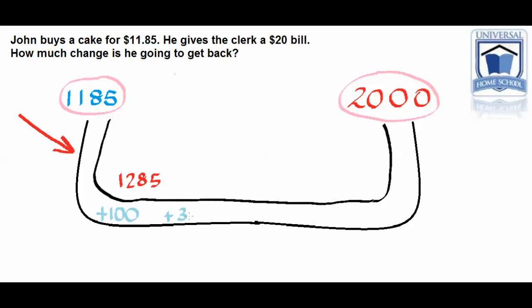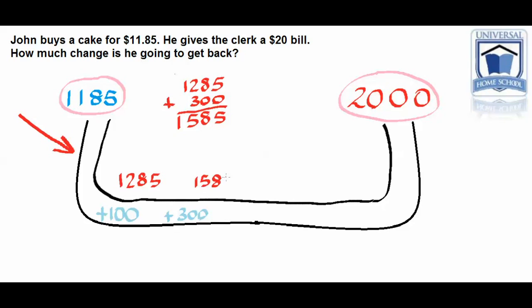I'm going to add that 300 onto the 1285. That's going to get me 1,585. I'll write that above there.